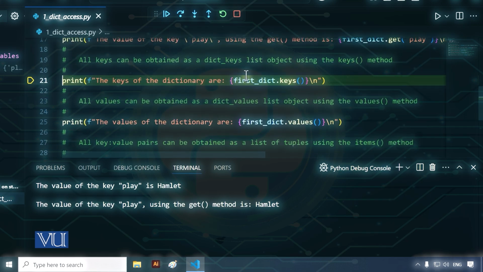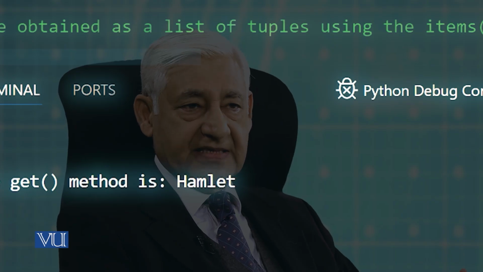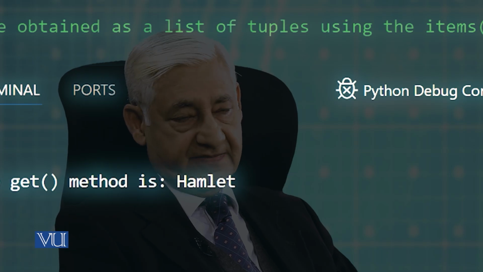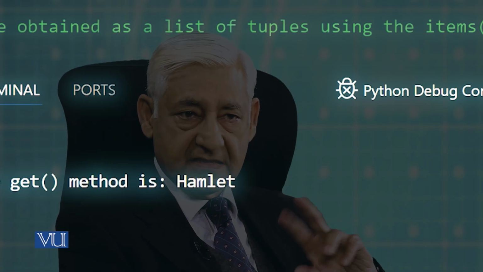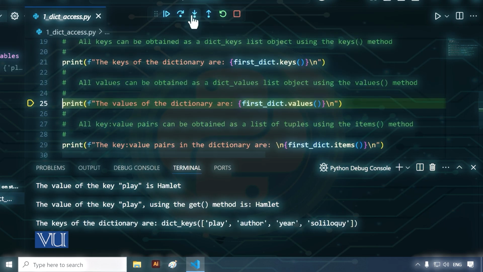Now, when we say the keys of the dictionary, this is the keys method. So I say dictionary.keys, parentheses, no arguments necessary. It gives us the keys of the dictionary are. Notice it is formatted with the prefix dict underscore keys, which is a special word. Then within brackets is a list. A list is denoted by square brackets, which is play, author, year, and soliloquy.